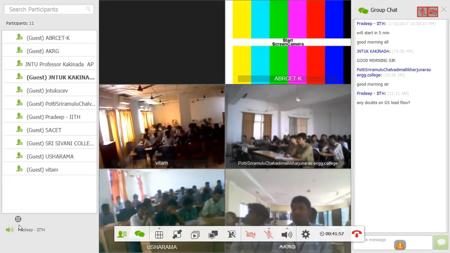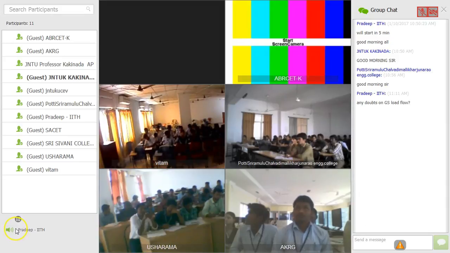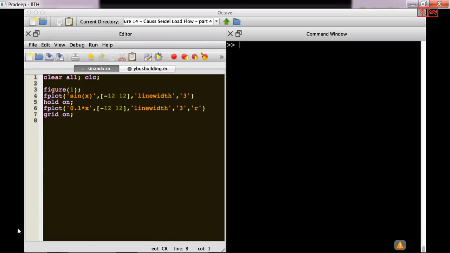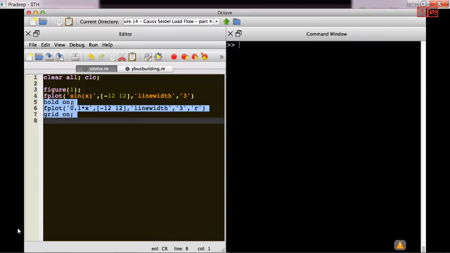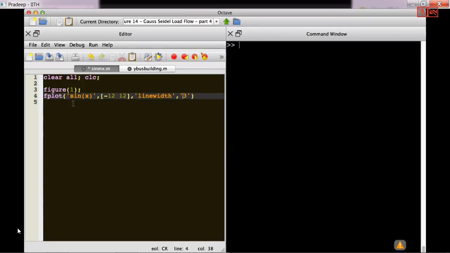I come back to my program. So this time I'll just do only one plot. And instead of sin x, I'll just plot sin x minus 0.1 into x. So combined function here f of x I'm writing. So if I plot this, I'll just execute this.